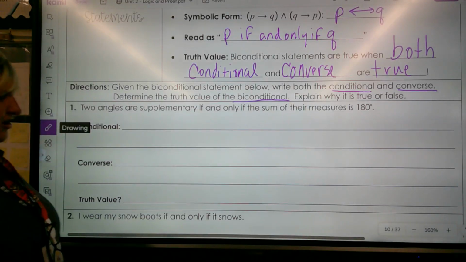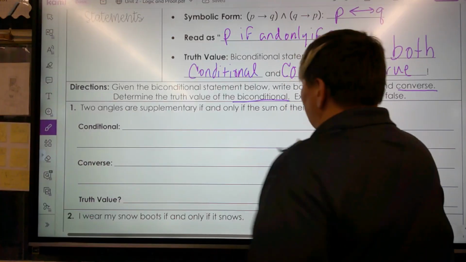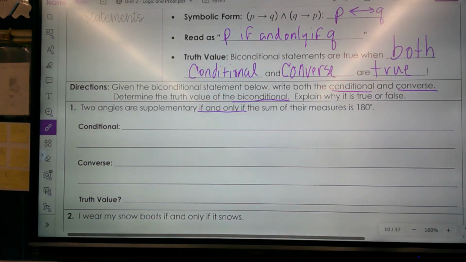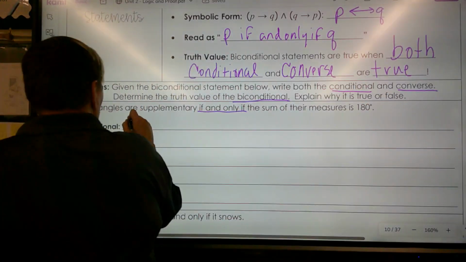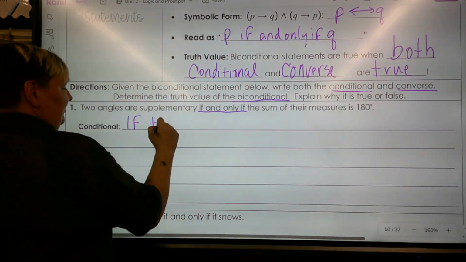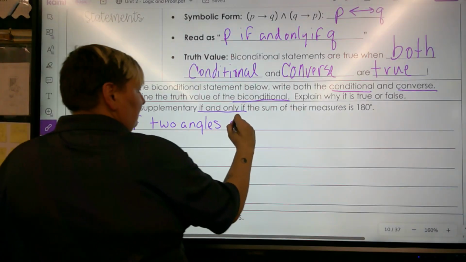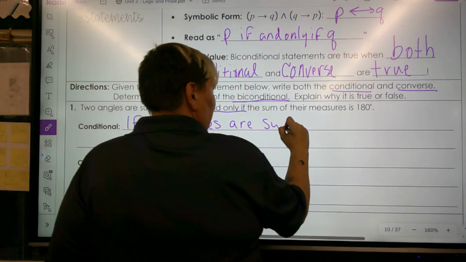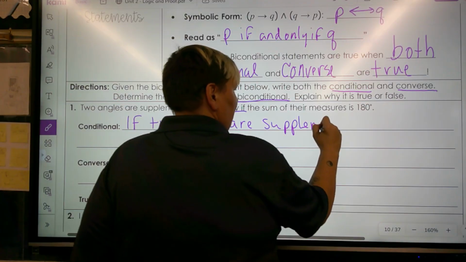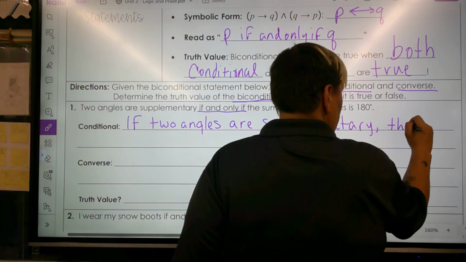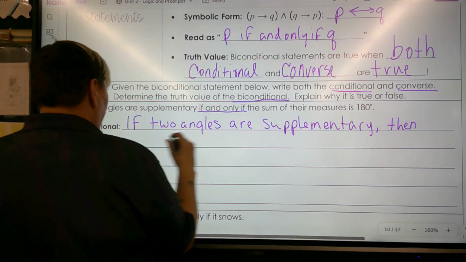Two angles are supplementary if and only if, there's our key term, the sum of their measures is 180 degrees. So let's write the if-then statement. If two angles are supplementary, then the sum of their measures is 180 degrees.